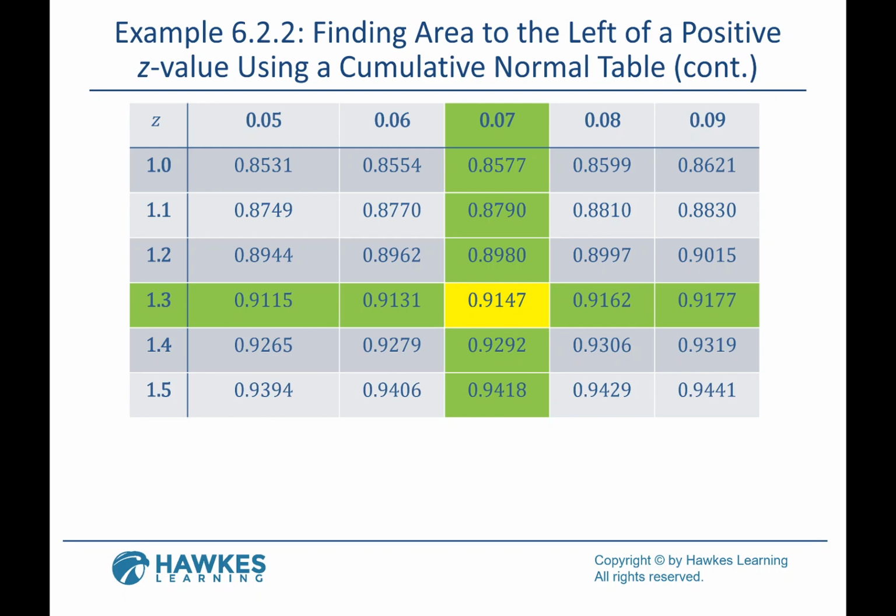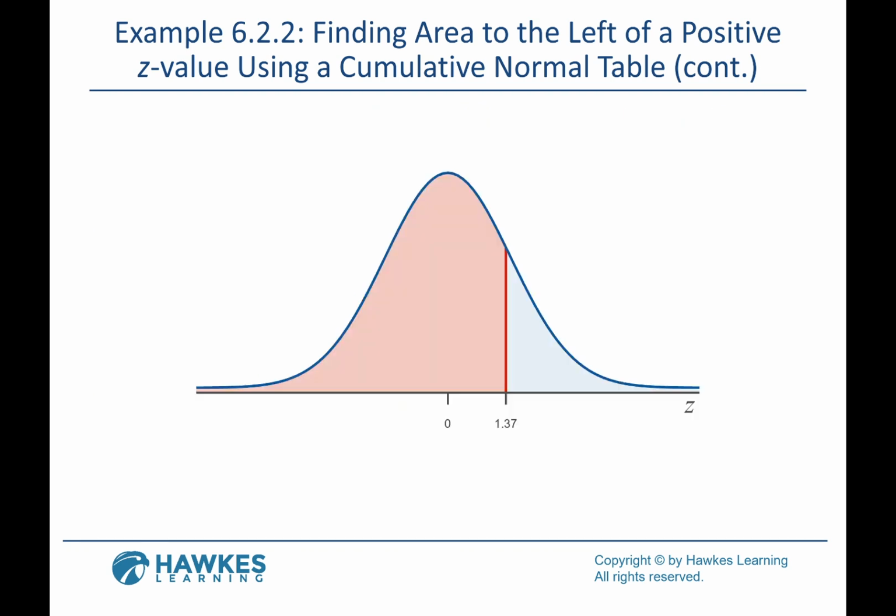So what that's saying is that we go to a z-value of 1.37, 1.37 standard deviations above the mean of our standard normal distribution. Then from there to the left under the curve, that area underneath this curve here is 0.9147.